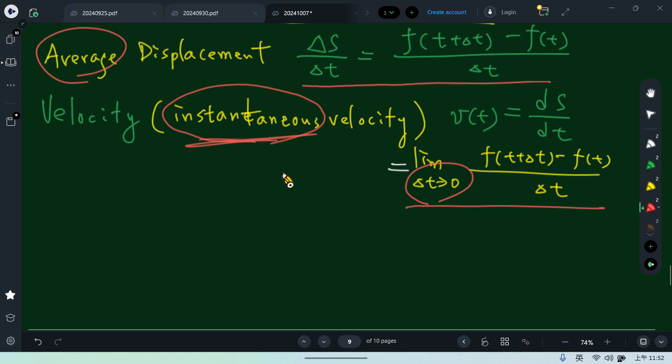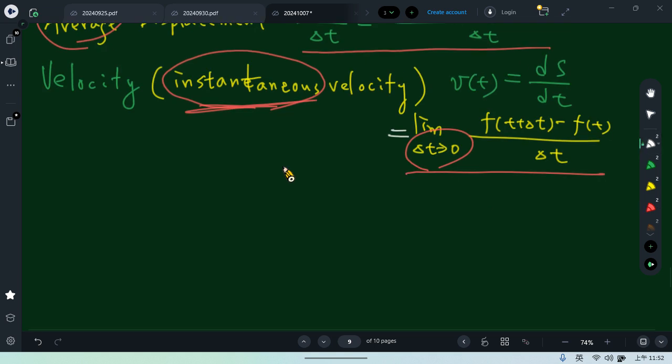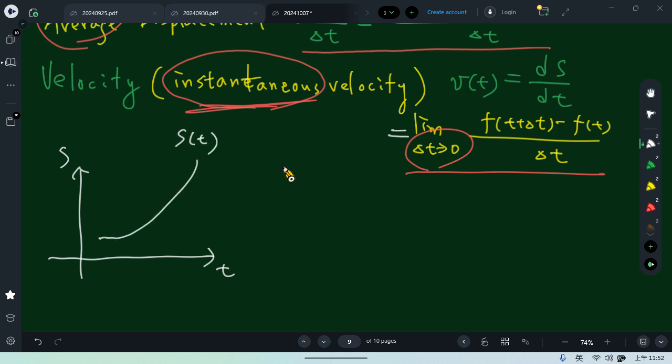Based on this, I believe you also learned from your physics that normally we have an s-t diagram where we describe s of t just like this. If we say ds over dt is positive, that means s is increasing. In this case, we will say this is moving forward.